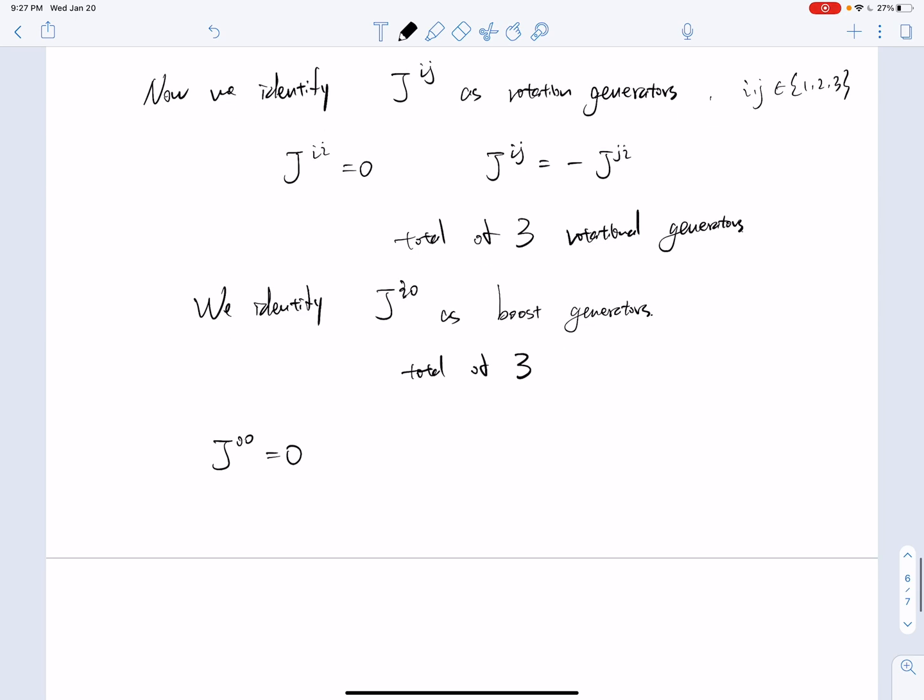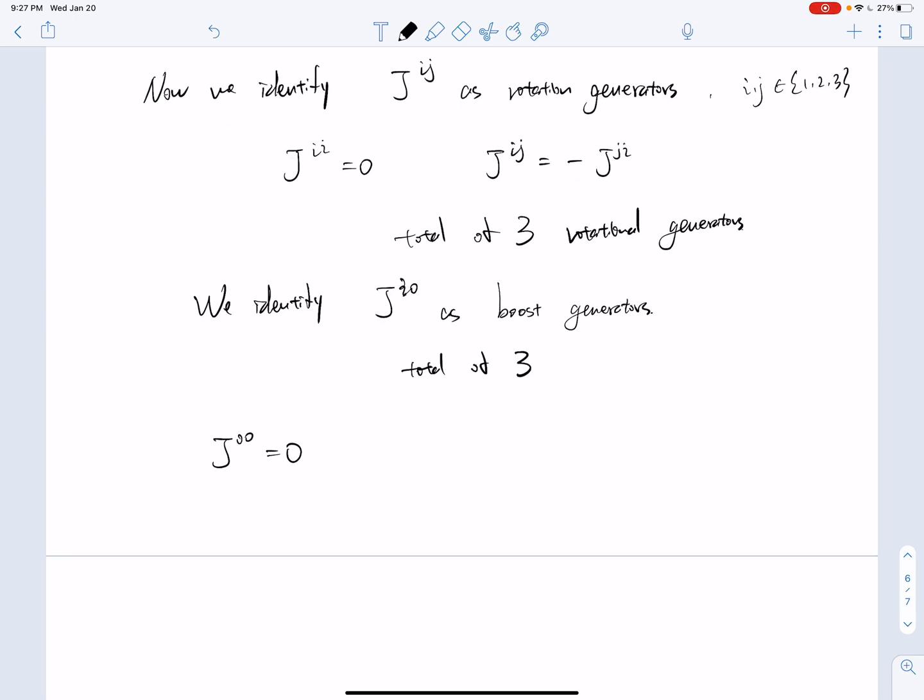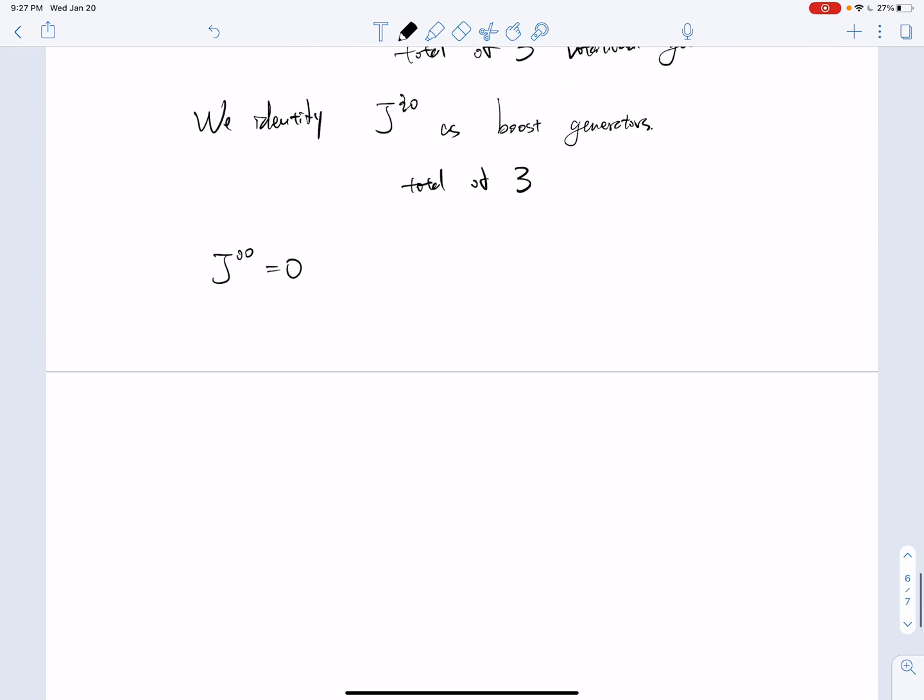So this is how the generators are classified. Now let's go to the Lie algebra. The derivation of this Lie algebra is a lot of tedious calculation, which I will skip for now and provide the result.